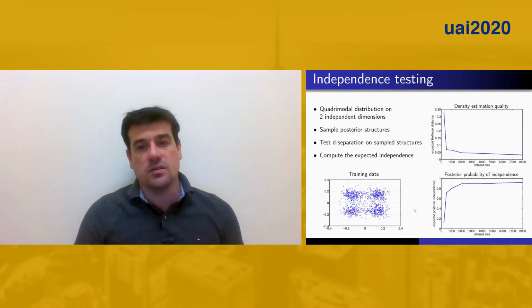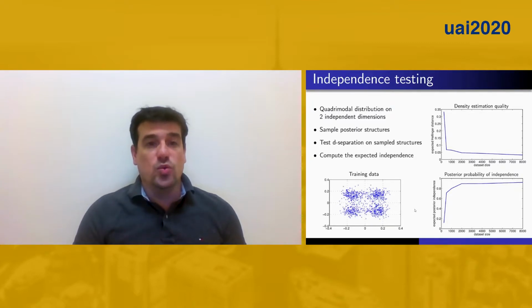We also demonstrate an application where we have to determine whether two variables are independent. Here it's two random variables, x and y, on the x-axis and y-axis. It's a quadrimodal distribution. We trained the model and inferred different structures.